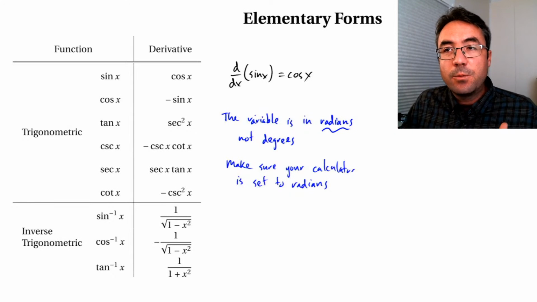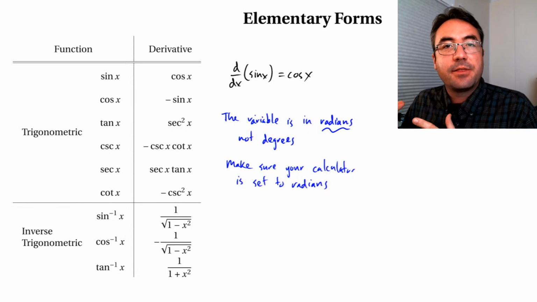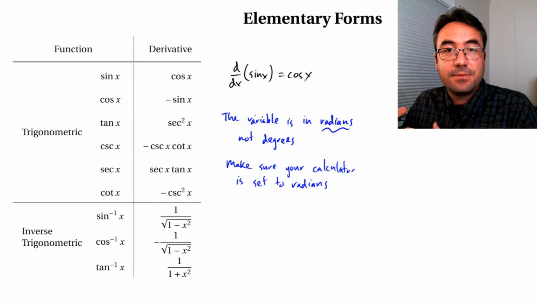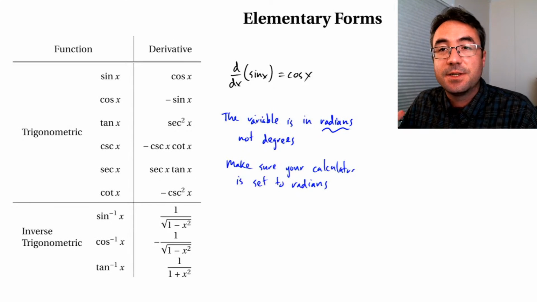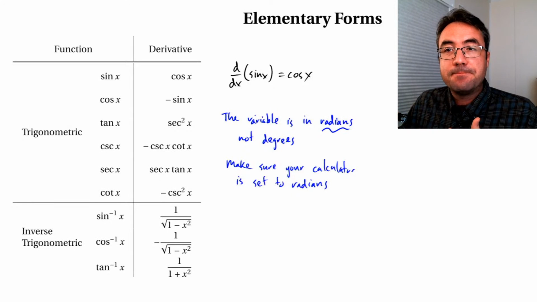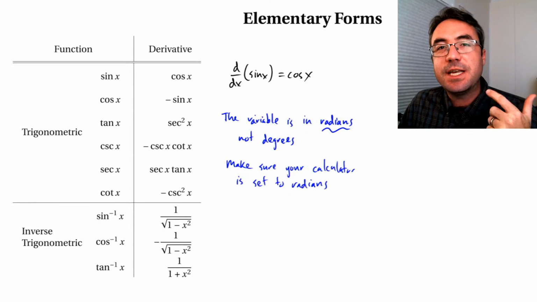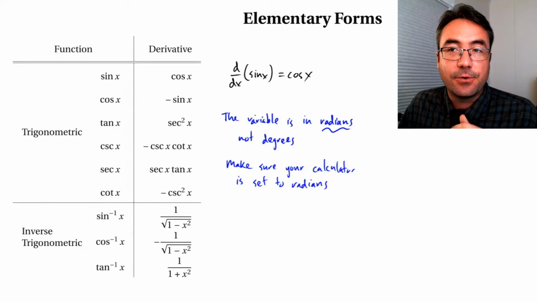For web work, the entry block there is automatically configured to evaluate these functions in terms of radians. So really, this might not be an issue, but it's worth mentioning that if you're going to be using a handheld calculator at all to help on the homework, just make sure you set it into radians and not degrees.